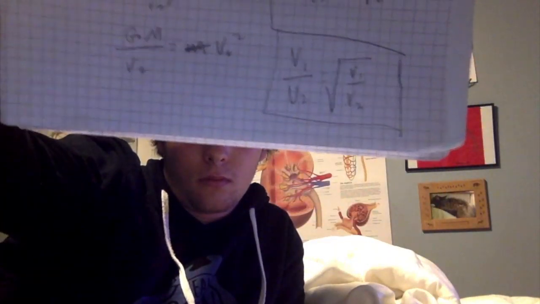So if we want the ratio of v1 to v2, we just have to take the square root of both sides. So then we get v1 over v2 is equal to the square root of r1 over r2. Which is A.